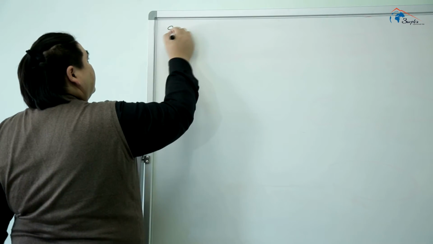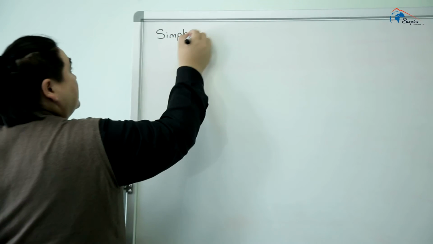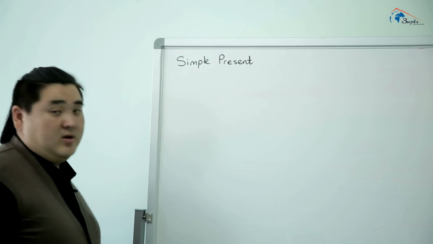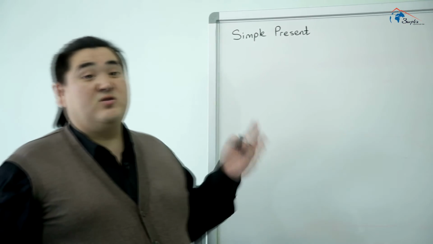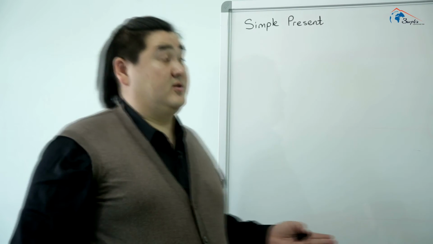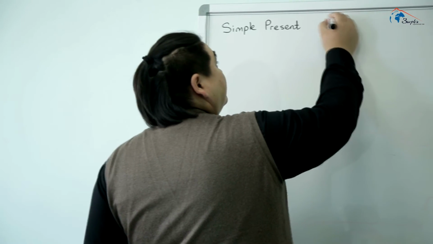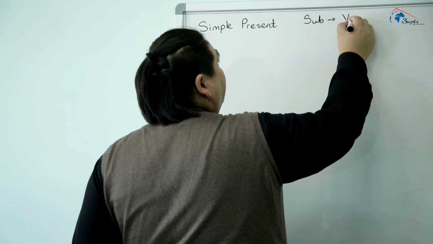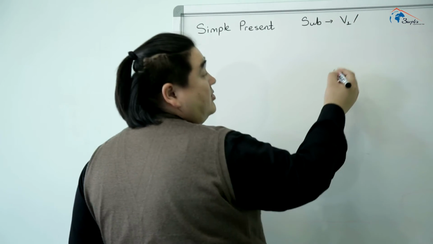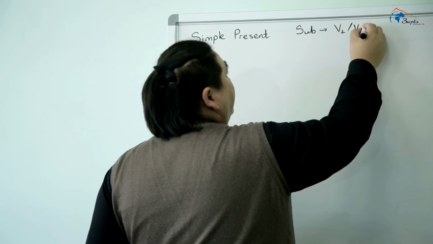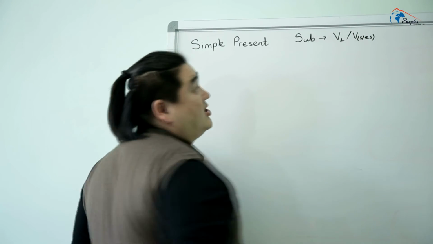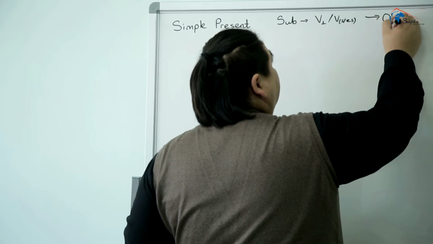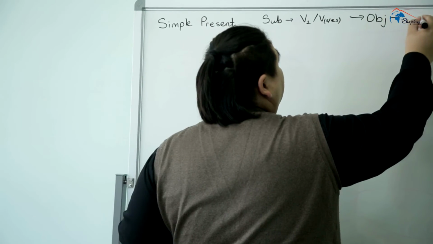Now, simple present tense. Yes? So we use here do, does, don't, doesn't, etc. Here we have, after the subject, verb 1 as the original form, or verb s/es for he, she, it. After that, we have the object and anything extra.